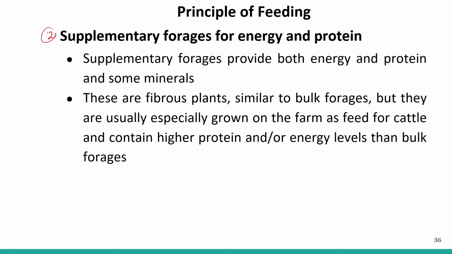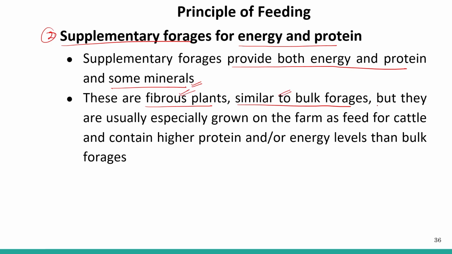Next one is supplementary forage, which is very important to provide energy and protein to the cattle. Supplementary forage provides both energy and protein and some minerals as well. These are fibrous plants, similar to the bulk forage, so they also contain fibers, but they are usually specially grown on the farm as a feed for the cattle that contain higher protein and energy levels than the bulk forage.